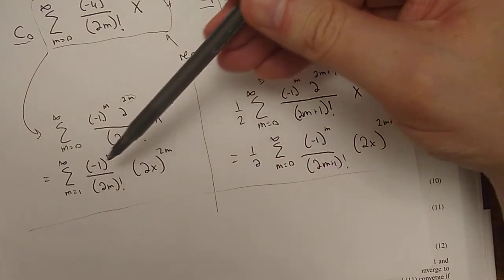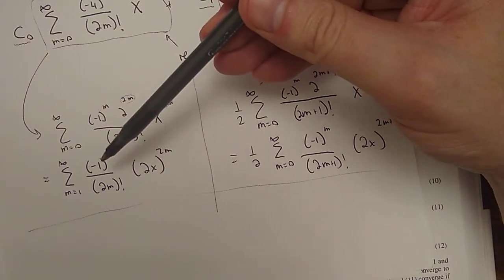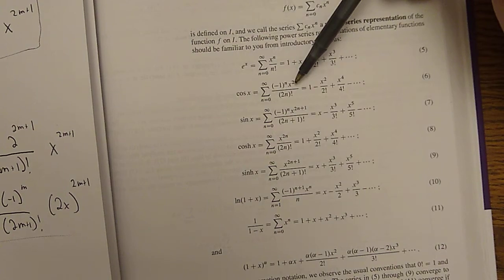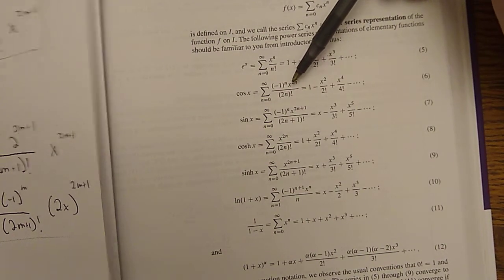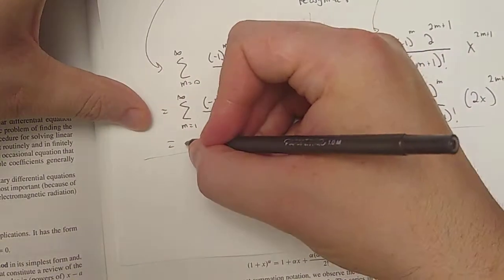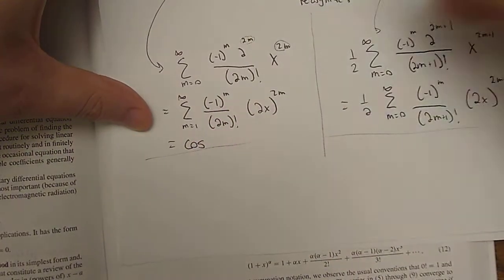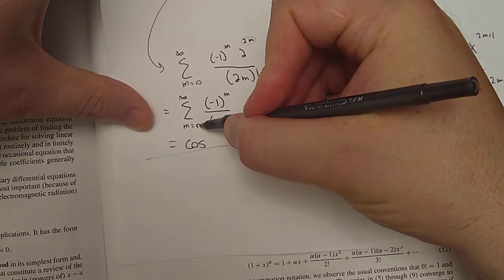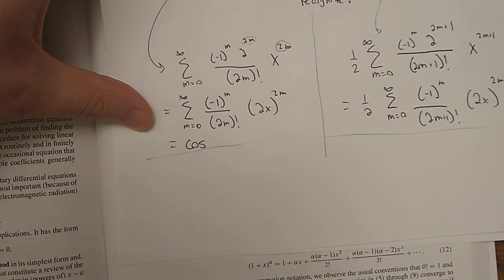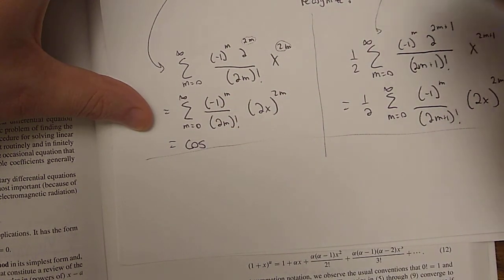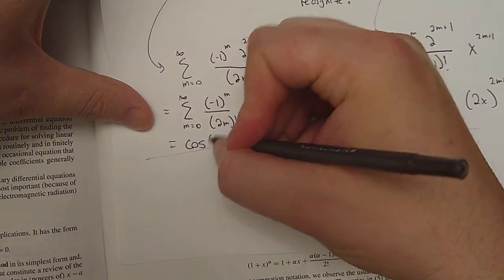Like I said, we have this negative. This is going to give it an alternating plus minus pattern. That looks just like this. So this one is, whoops, for some reason I started m equals 1 here. There's no good reason for that. But this one is cosine of 2x. And this one is 1/2 sine of 2x.